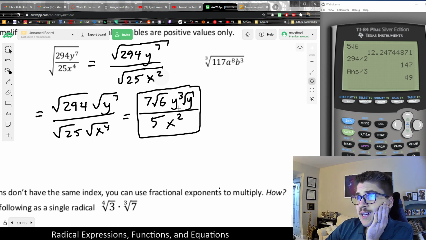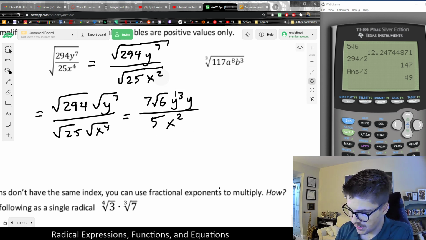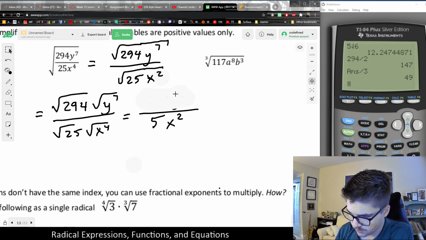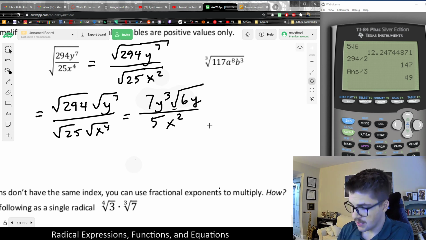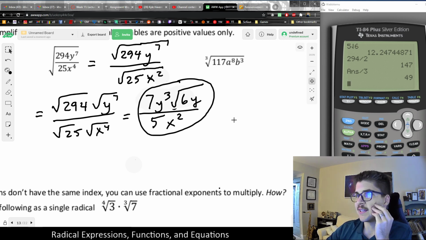But basically, you would keep the roots together. So I could reorganize this and rewrite that as, since 7 and y cubed were outside the radical, I'll put those in front, 7y cubed, and then within the radical, which usually comes second, the 6y. Everything else remaining. And again, that would usually be the more proper way of writing that answer.